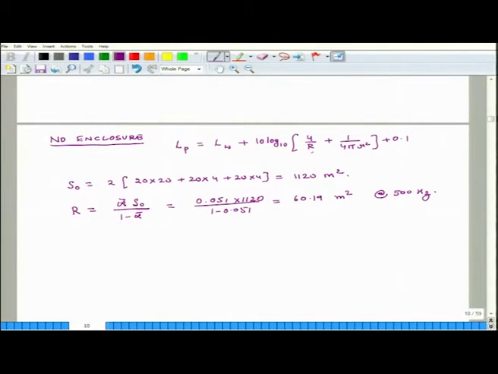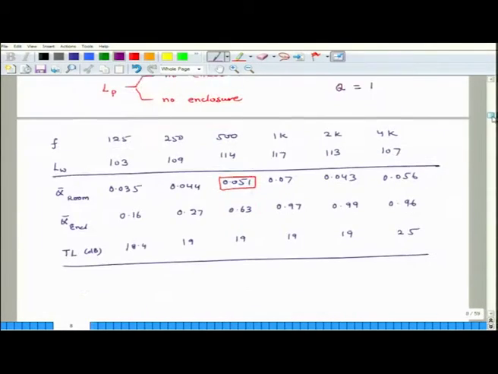So, I know now R. Oh, there is one more thing, this relation is slightly inaccurate. I should have written Q, which is the directivity factor. Okay. So, now I can compute LP, LP equals LW. At 500 hertz, what is the sound power level? 114.